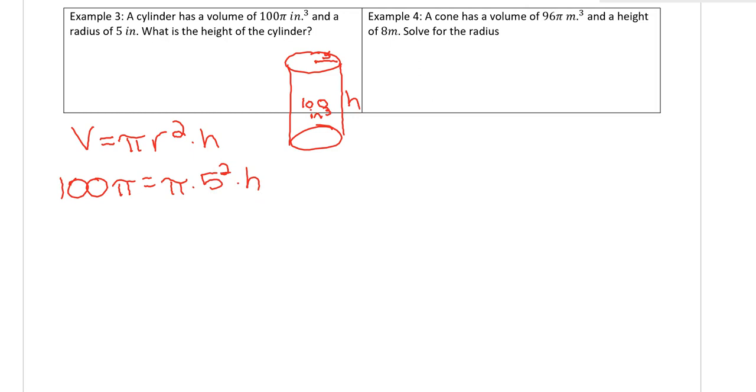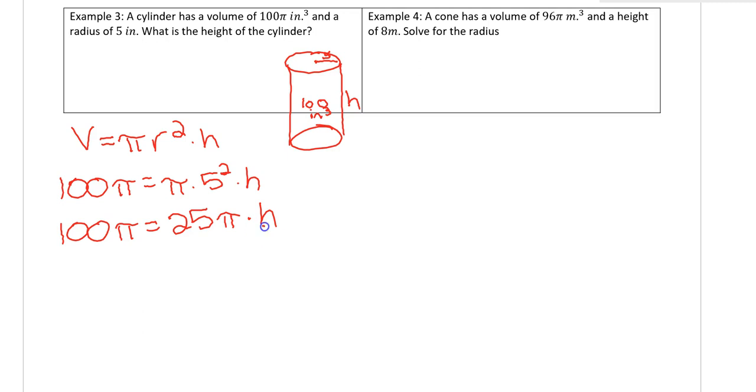Okay. Once you have everything plugged in, all I'm doing is solving for my variable. The first thing I'm going to do is simplify anything, so I have 100 pi equals, I can square this 5, right? 5 squared is 25 pi times h. Now I'm just getting my variable by itself.